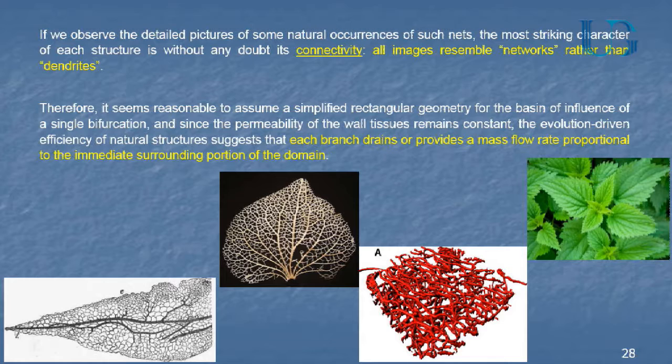This is obviously a leaf. This is a leaf, and you can't see it here, but it's very clear in the PowerPoint, that these are not bifurcations, but there are small lines that go through the bifurcations. It's a network. It's not a dendritic structure.